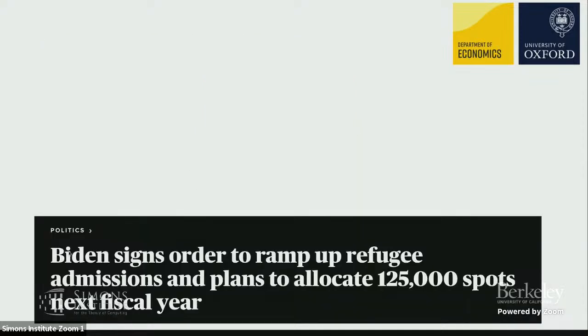Okay, so let me just tell you a bit about refugee resettlement. It's a political thing. Ultimately, in the US, how many refugees are admitted gets decided by the president. That's a first order approximation. So the president just signs an executive order, and that caps the number of refugees that can be admitted. So when President Biden was elected, he promised that he would admit 125,000 refugees in a year, which is quite a few.